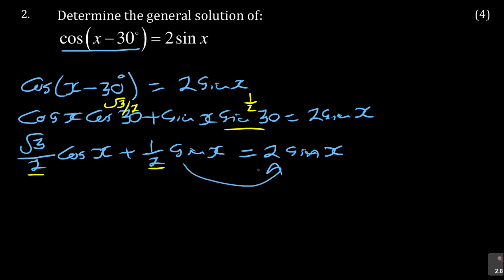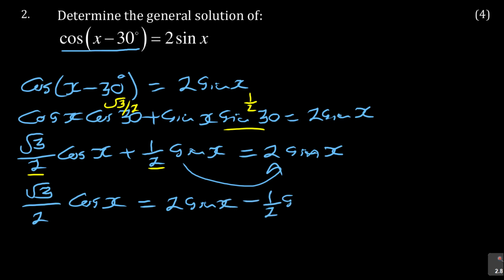So it will become root 3 over 2 cos x is equal to 2 sin x minus 1 over 2 sin x. If you subtract, this side doesn't change. Root 3 over 2 cos x equals 2 minus half. I think it's 1.5, which is 3 over 2.